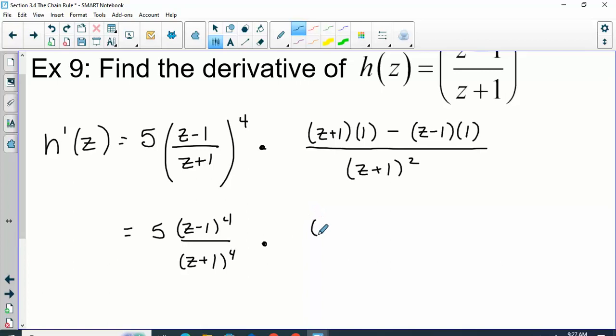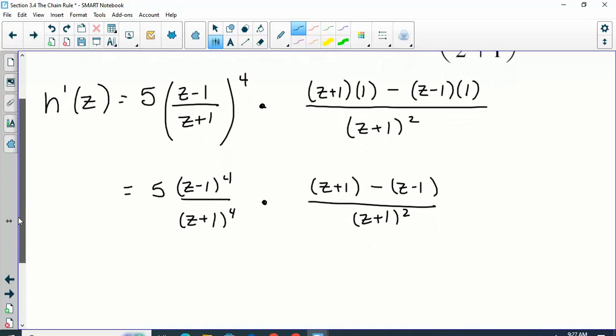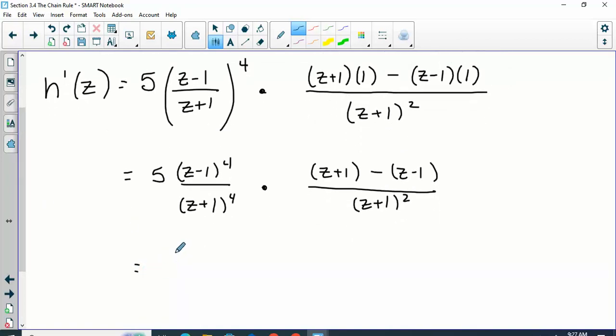Here we get (z plus 1) minus (z minus 1) over (z plus 1) squared. So if I put these together, what would we do with this negative? Negative z and positive z cancel. 1 plus 1 is 2, so I'm going to go ahead and just multiply that with my 5 and make that a 10.